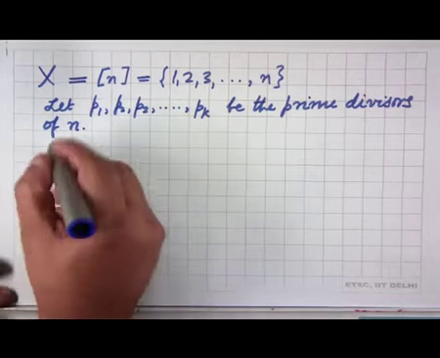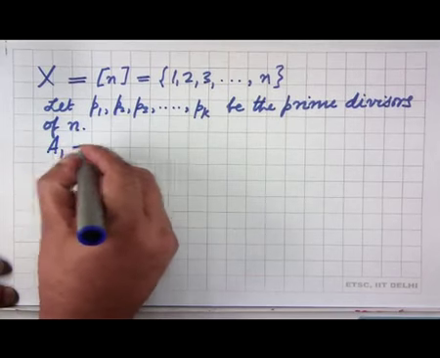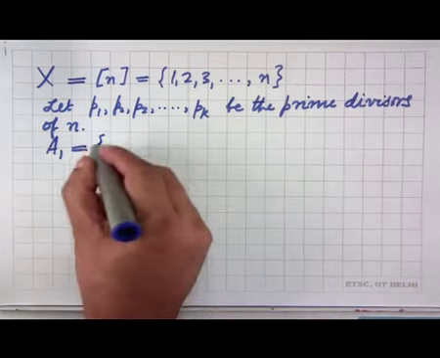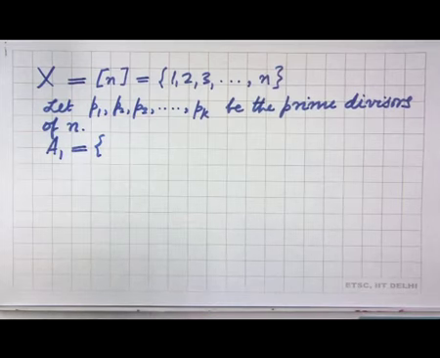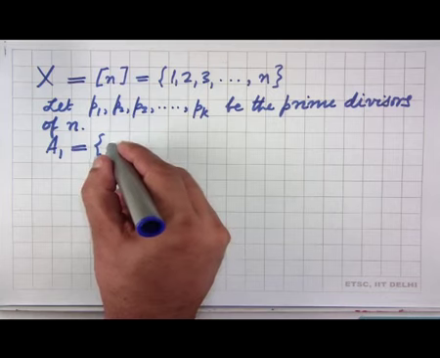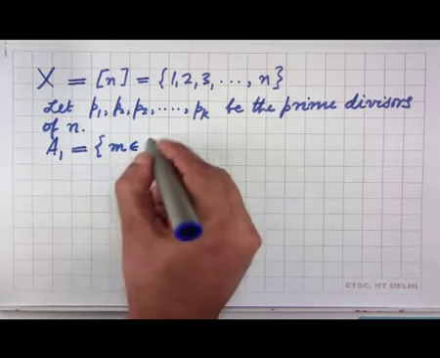Now, let me write down the sets. Let me begin with A1, which has naturally something to do with the prime number p1. So what do I really want here? First and foremost, I want all those numbers, call it m, between 1 and n.